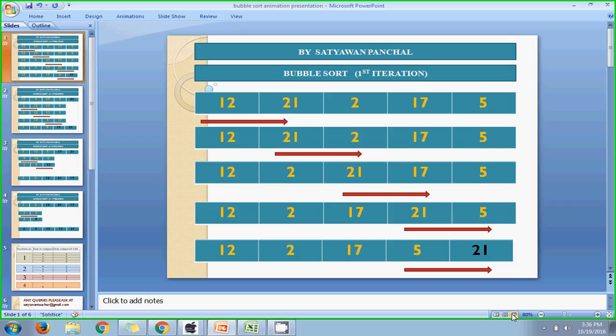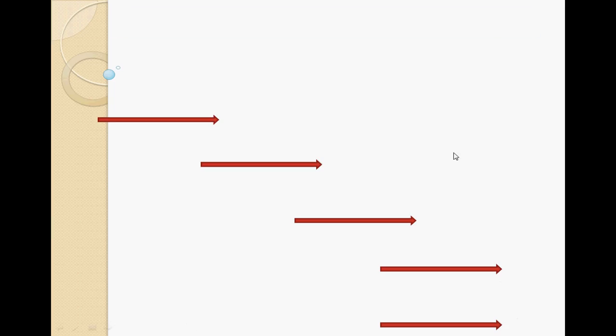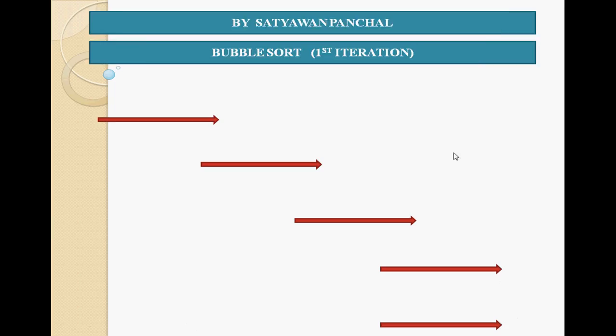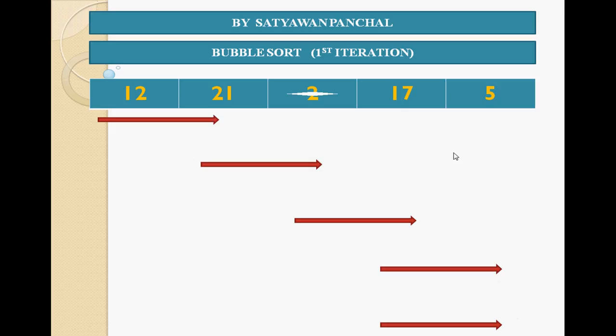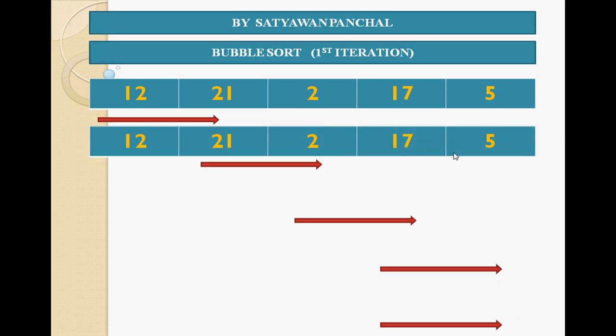Okay, so what is the basic idea behind bubble sort? We will start from iteration number 1. In iteration number 1, we compare the element at the 0th position with the first element. If the element is the larger one, then it will be shifted, otherwise it will remain at its position. In the next step, we will compare 21 with 2.